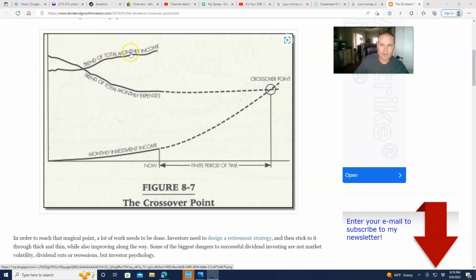So let's say this person has a total monthly income of $2,000, and let's say their expenses are $1,000. This gap here is the difference between the $2,000 and the $1,000, so $1,000 left over after expenses are paid.